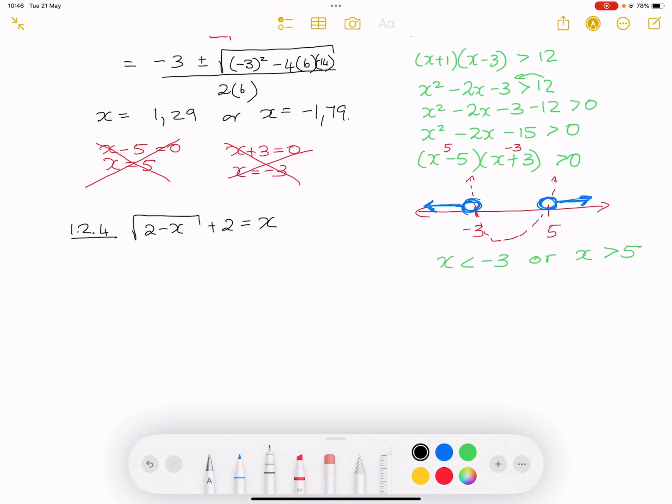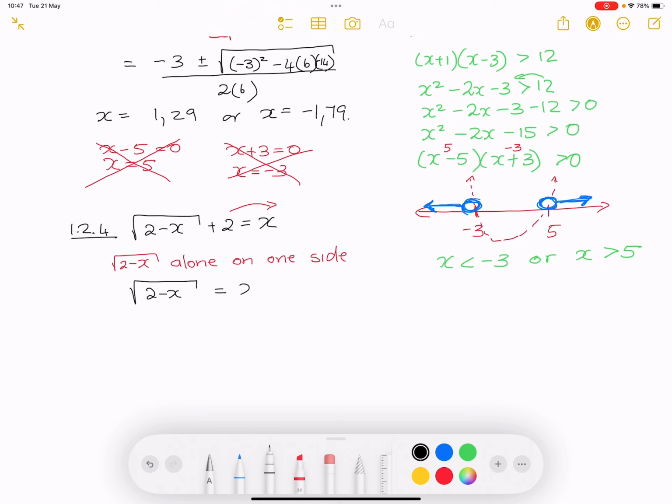Now for this, you must get the square root alone on one side. So that means 2 minus x must be alone. So I will take that one to the other side. So now I have the square root of 2 minus x is equal to x minus 2.